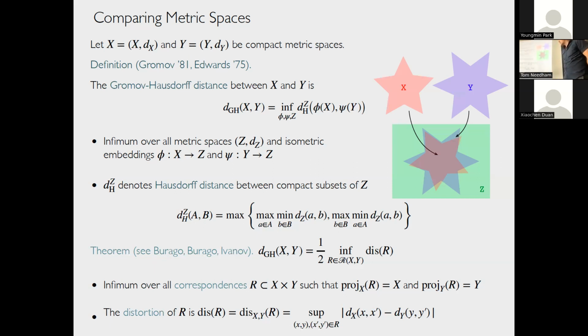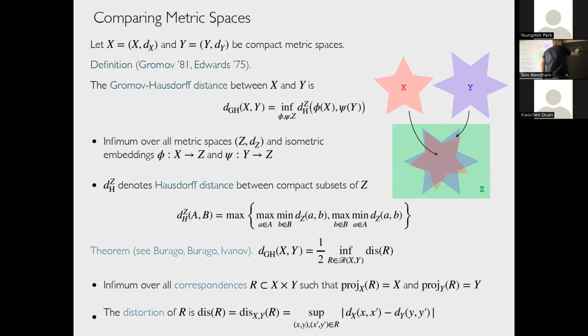Instead of optimizing over all embeddings, I can optimize over the space of what are called correspondences. These are subsets of X cross Y such that if I project onto the X coordinate or the Y coordinate, it's surjective. Think of it like I have X, I have Y. If I have a surjective map from X to Y and I graph it, that's a correspondence.